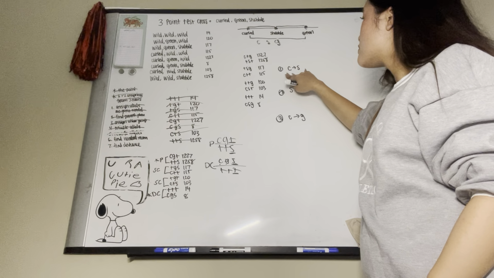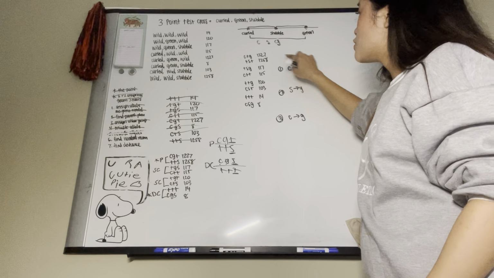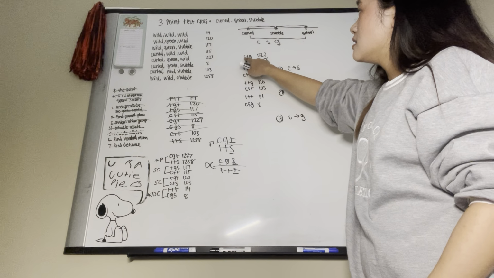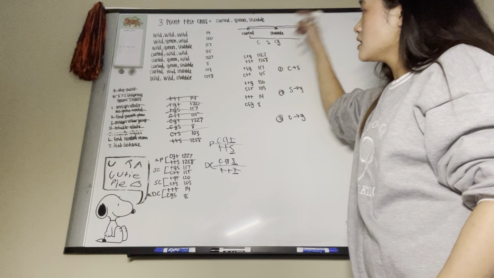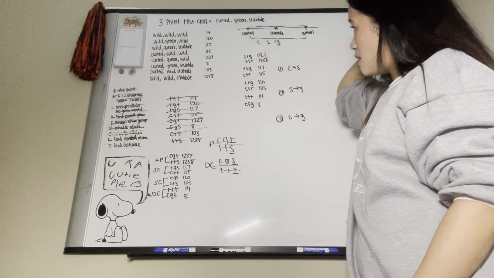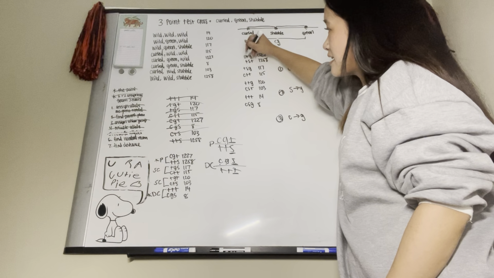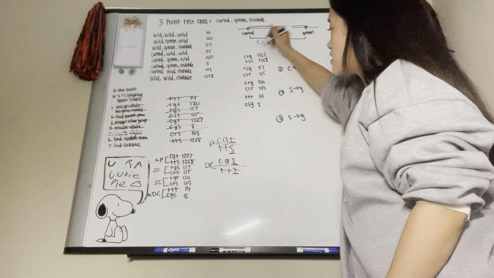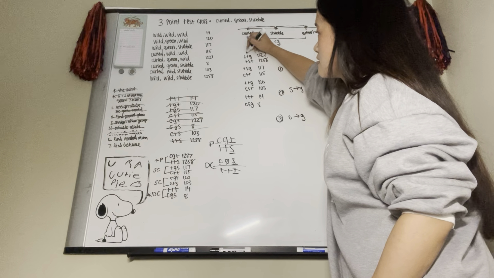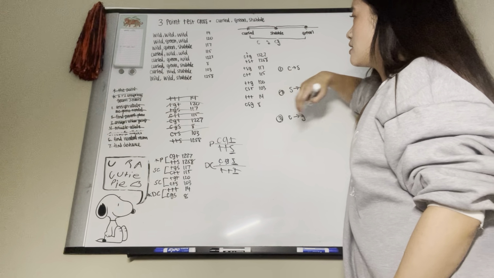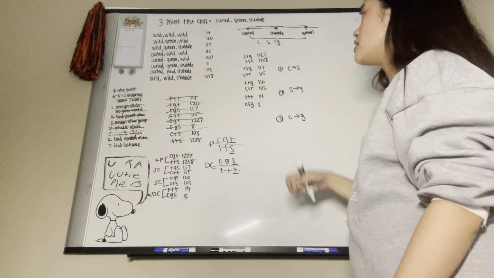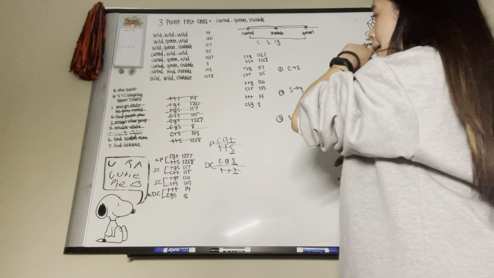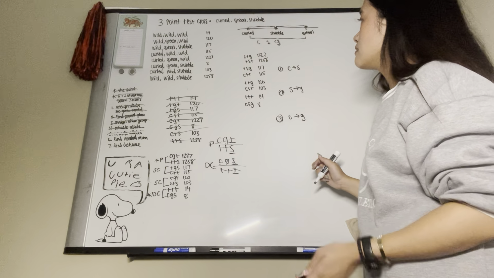So if you're going to find the distance from C to S, you're going to look at the parents. The parents' allele combination was C plus, because the plus is where the S is supposed to be. So you have to find a different combination of that.